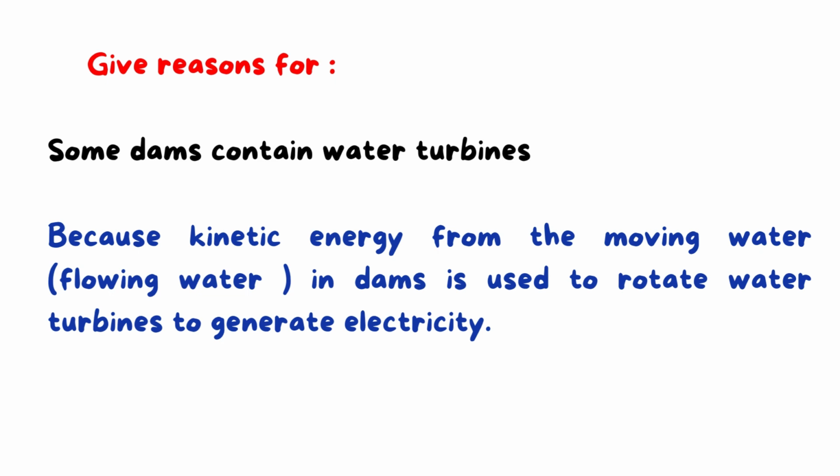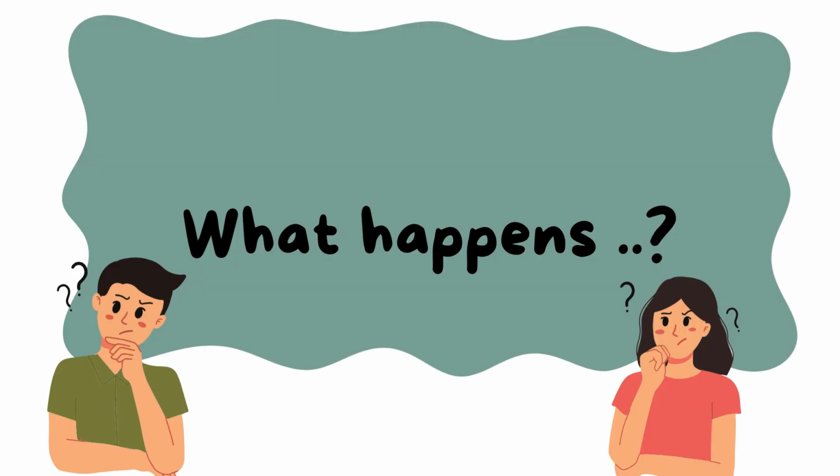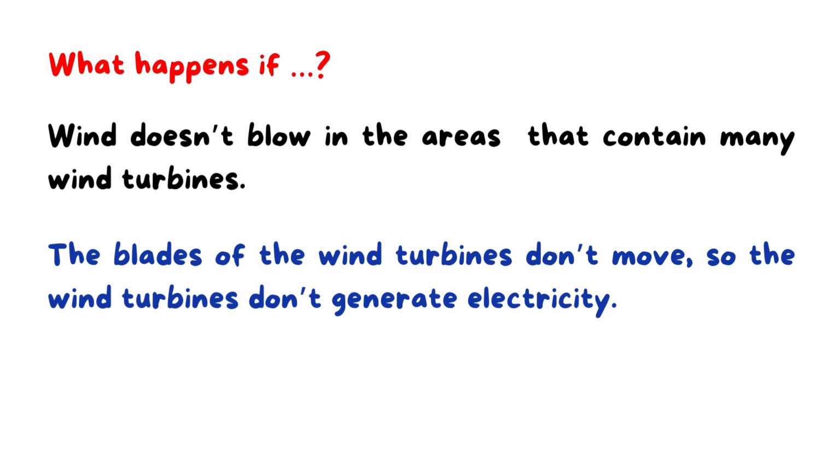So we will go to the last part here, which is the what happens if questions, okay? First one, what happens if wind doesn't blow in areas that contain many wind turbines? If we have a lot of wind turbines, but there is no wind blow in these areas, so what will happen?